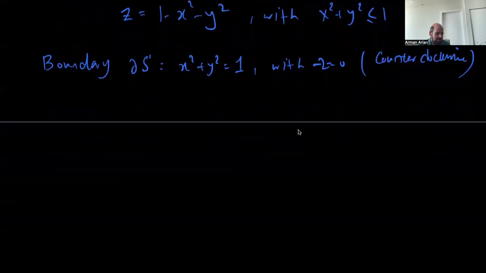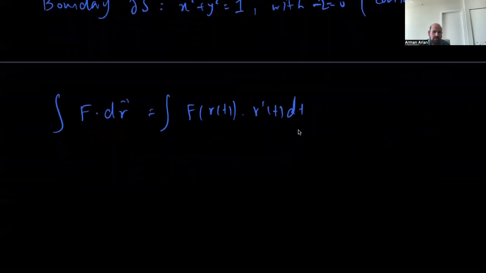Therefore, the integral of F dot dr here will be the integral of F of r of t dot r prime of t dt. So this side will be easy to calculate.